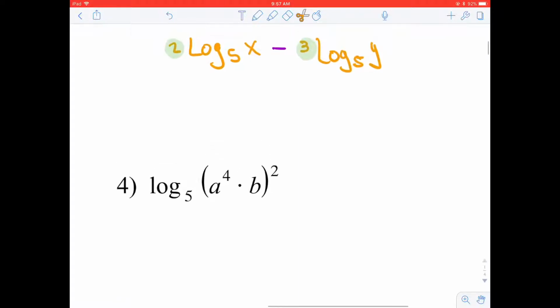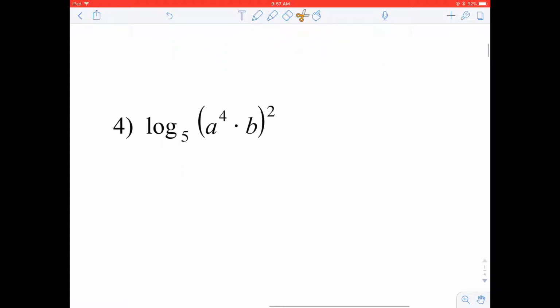Let's look at number 4 and go over when we have to distribute and we have multiplication. So we're going to look first always and identify our operations that we have. So I know I have multiply, and when I multiply I add, so I can kind of show that. And then I do have this exponent, this power.